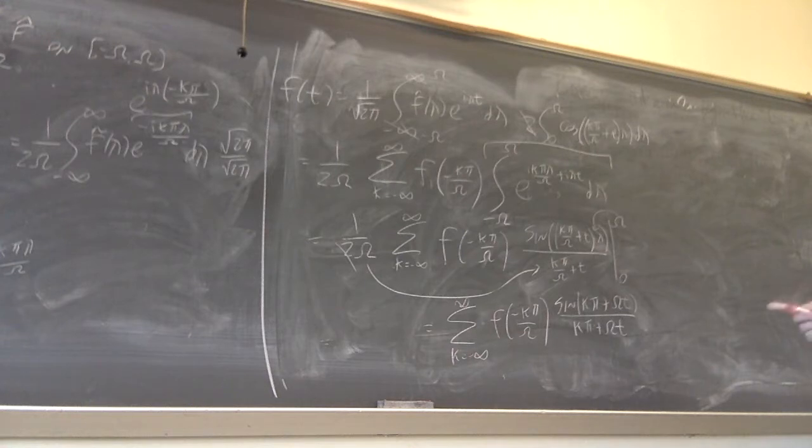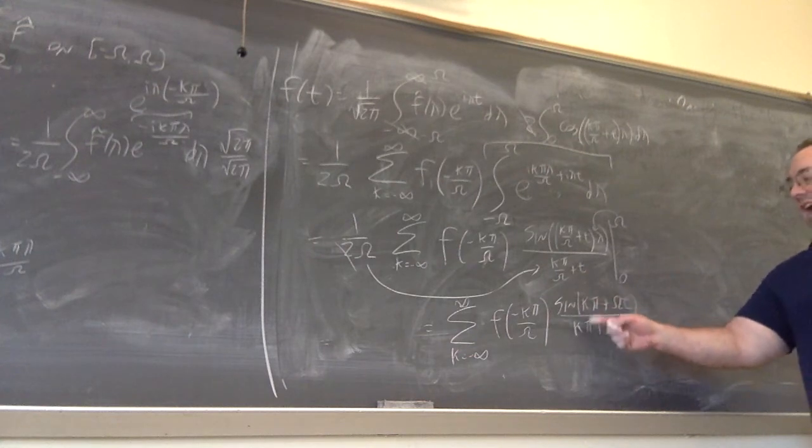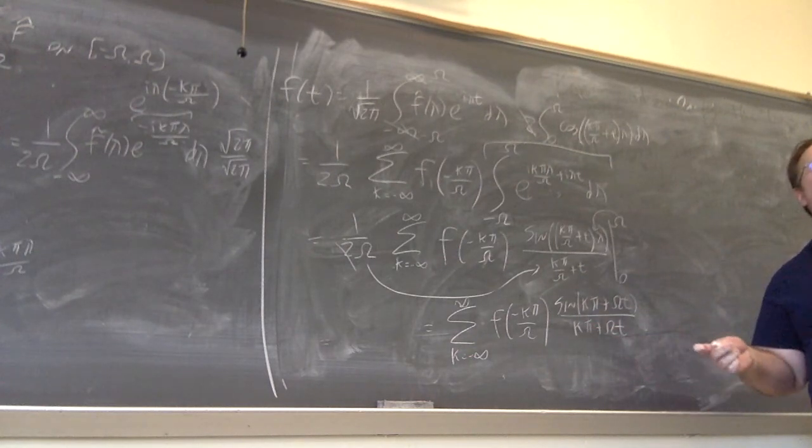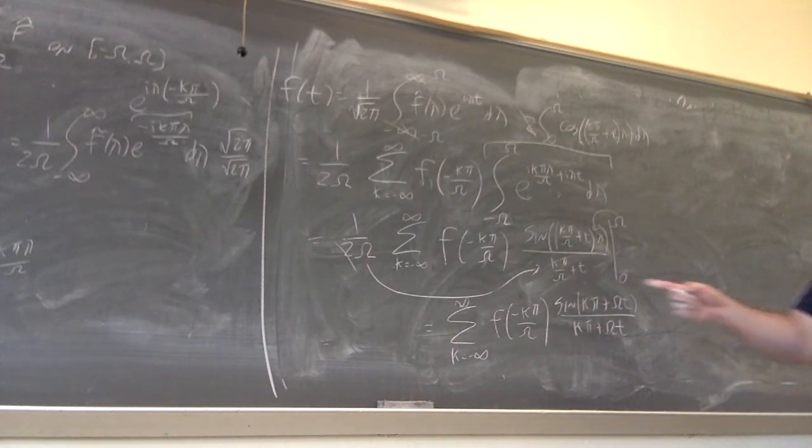This is almost exactly the same as the expression in the statement of the Shannon-Whittaker sampling theorem, except k is replaced with minus j, which is fine because the sum goes across the whole real number line anyway. So that wouldn't change anything.